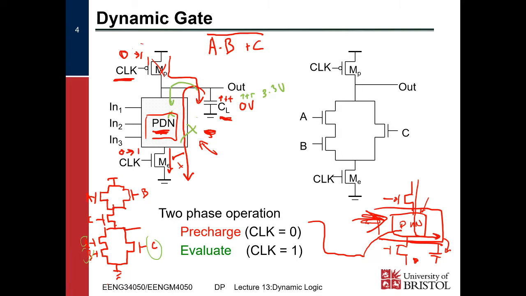So we saw how dynamic logic is built with our pre-charge transistor and our evaluate transistor, and then our pull-down network to implement the logic functionality. And we saw that our capacitor will charge up in the pre-charge phase, and then discharge in the evaluate phase if the pull-down network provides a path to ground.